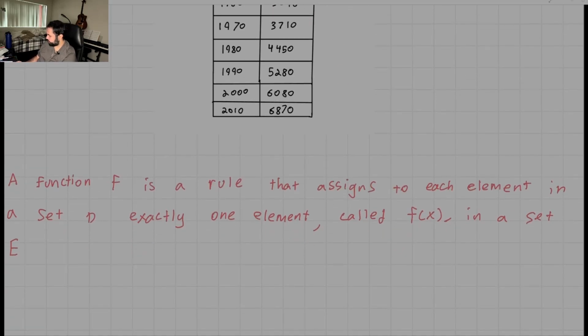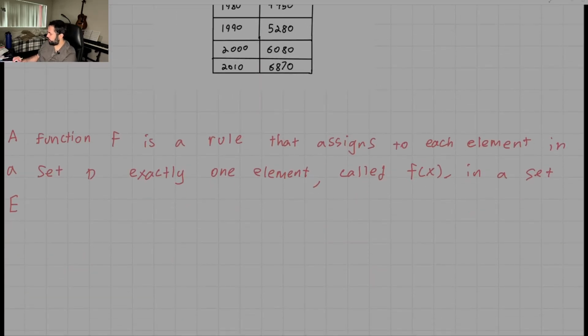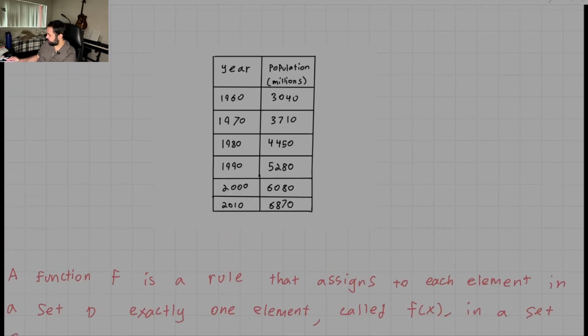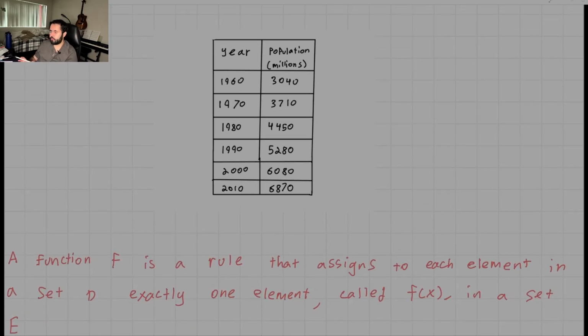So looking at this definition, our function takes an element in our set D, which is our input, and in this case, our element is the year, which we are taking the population for, and it assigns a value called f of x in a set E. And here is our set E, where each population is an output value that we assign to each input value, which is the year.